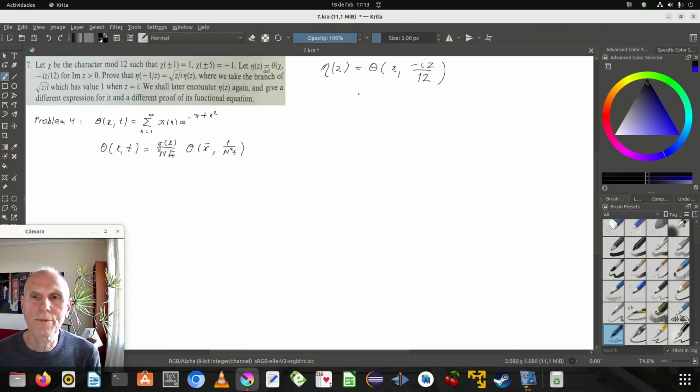So let's substitute into this equation t equals minus iz divided by 12.